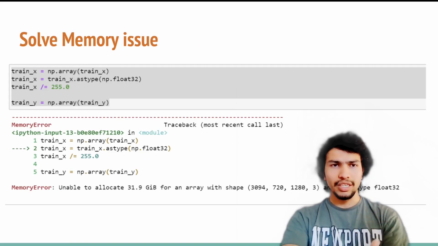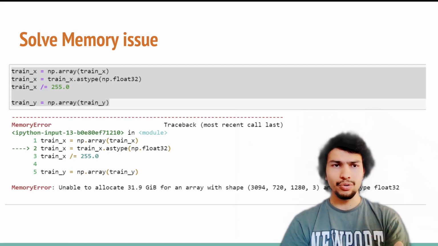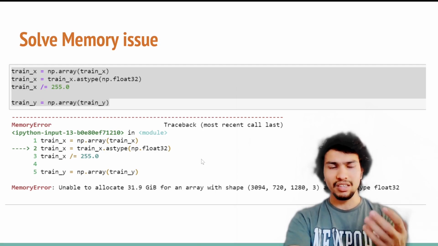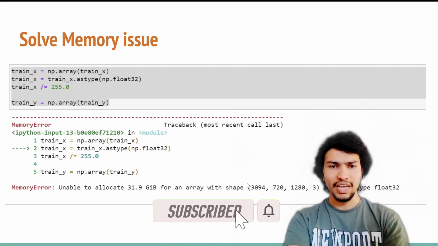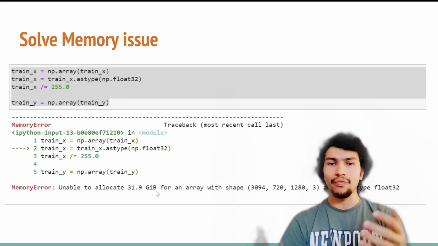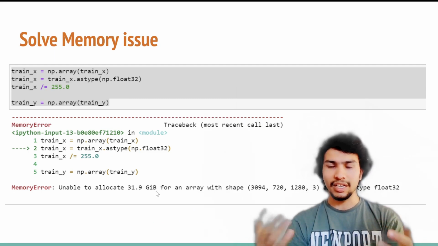And also it helps to solve the memory issue. What I mean is, in the previous videos I tried to load all the train x, test x, train y, test y values as a numpy matrix, but most frequently there is a chance you will get this error: unable to allocate 31.9 GB for an array with shape and data type float.